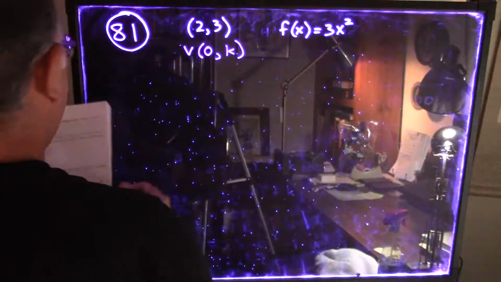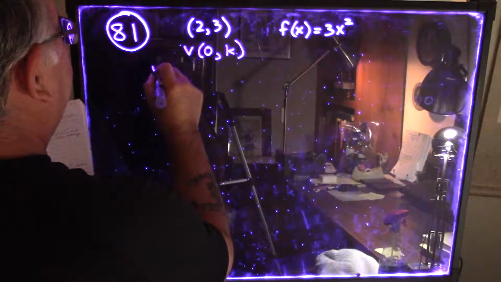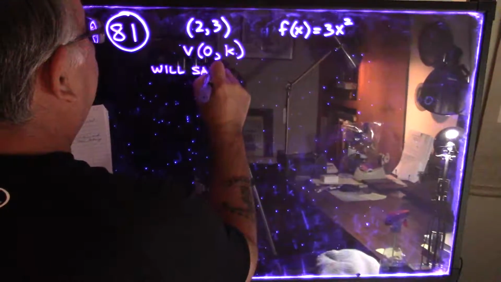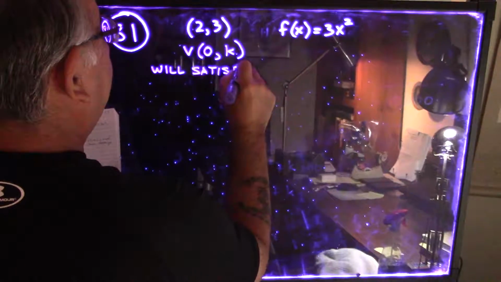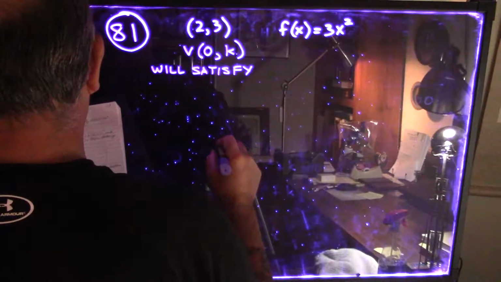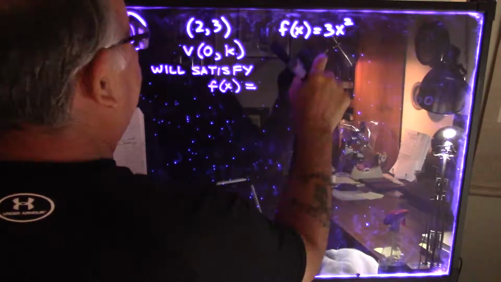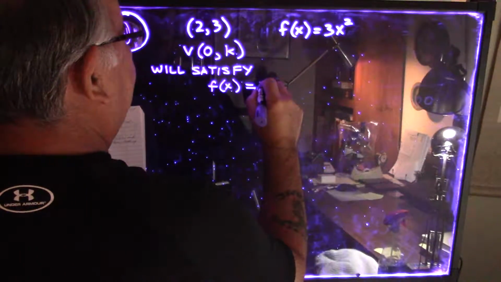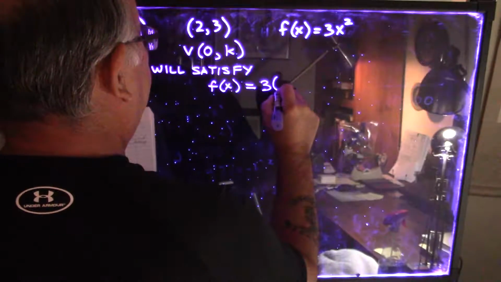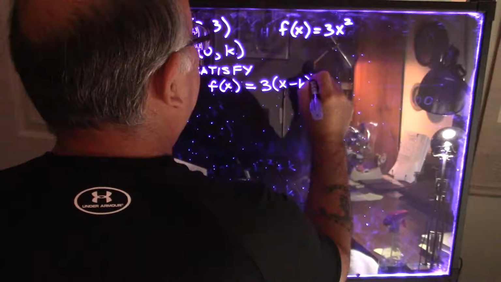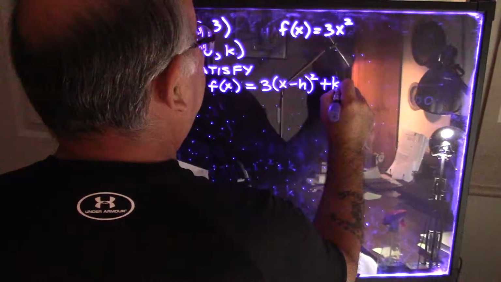Alright, so it will satisfy this standard form, f of x equals the 3 and then x minus h quantity squared plus k.